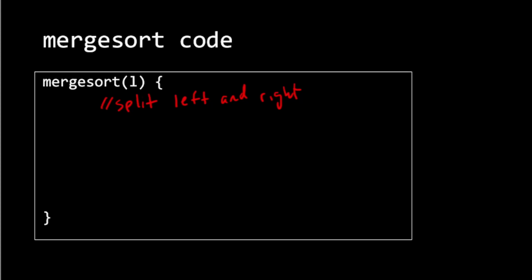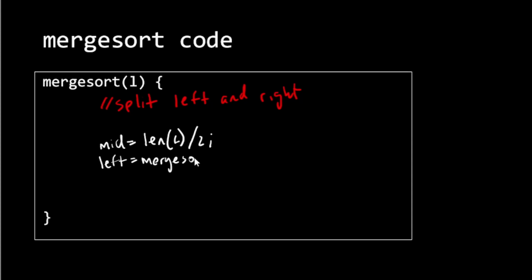And for an array-based implementation, that's pretty easy. You can say mid index equals length L divided by 2. So this is where it gets a little tricky if you aren't familiar with recursion.